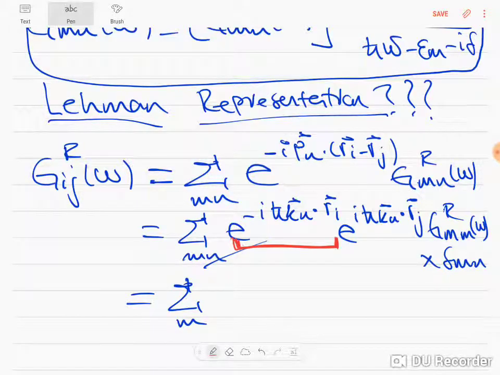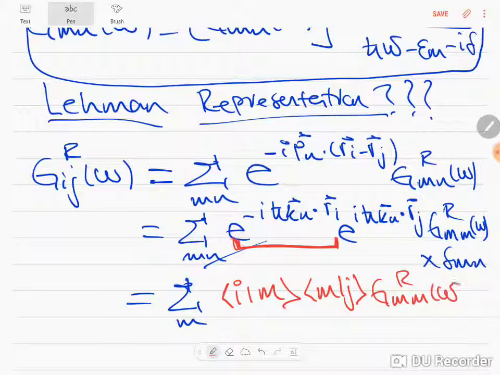They are written as the expectation value between state i and state m, because now this k_n becomes k_m, times G_mm retarded of omega.